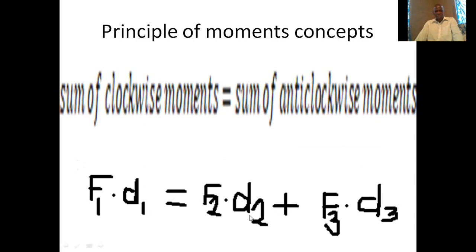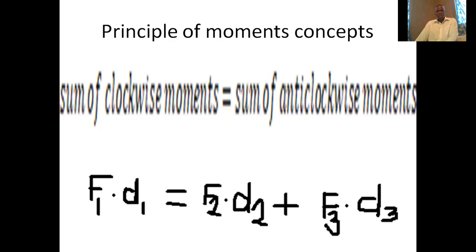So in the anti-clockwise moments, there are two moments which we have added. That's why they say sum of the anti-clockwise moments. While in the clockwise, we have only one moment, which is F1 multiplied by D1. And so I thought this is very important because even before we put figures, we need to understand exactly what is meant by the principle of moments.